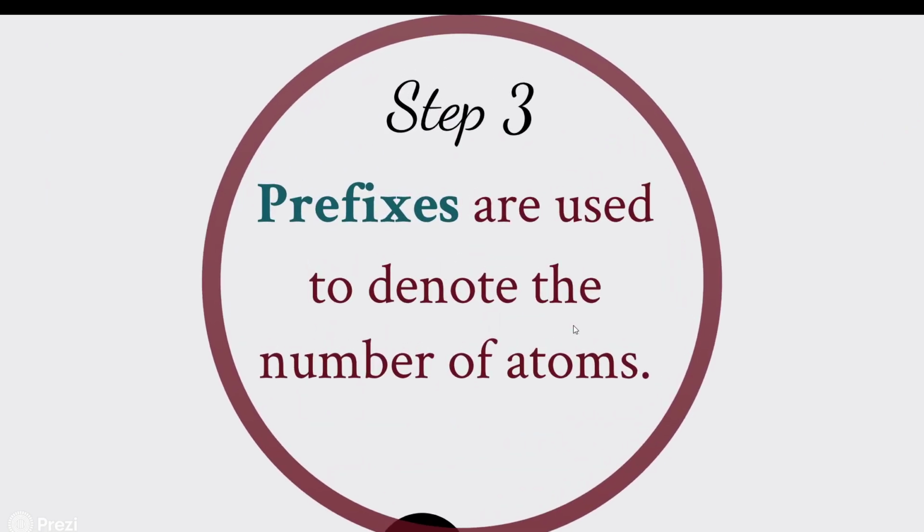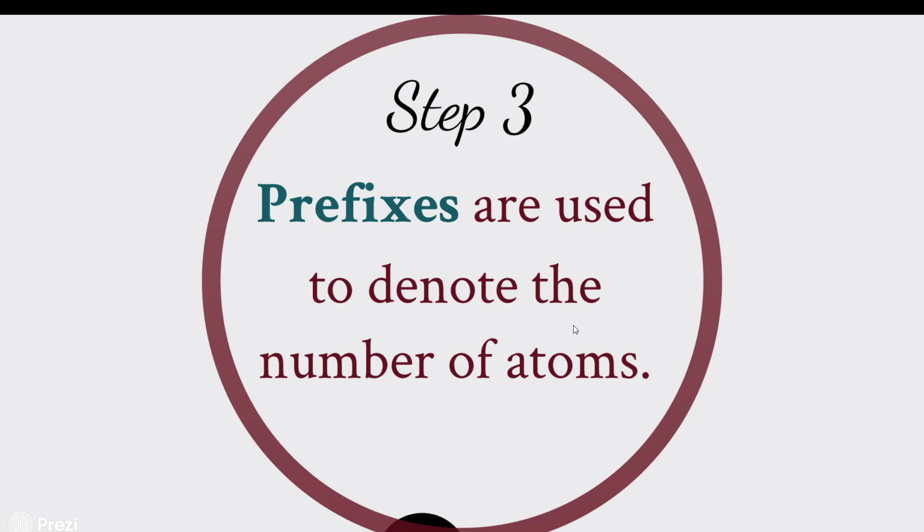Step three is that we're going to use prefixes to indicate the number of atoms. All right, so one of the main reasons that we have to use prefixes is that molecular compounds have the option of combining in different ways. So you can have carbon and oxygen coming together, but they can come together in different ratios.